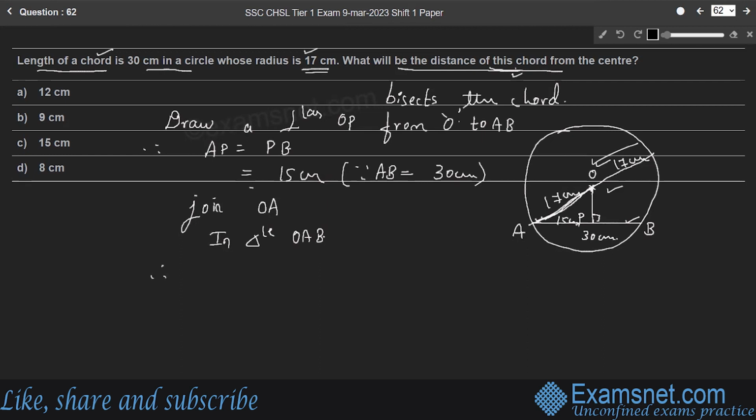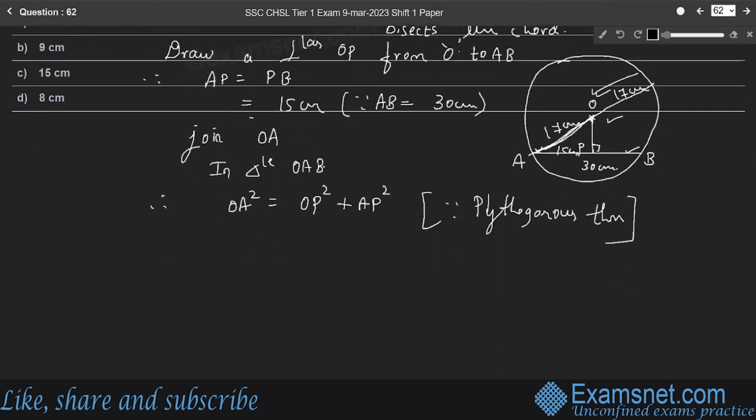Therefore, by Pythagoras theorem, OA square is equal to OP square plus AP square. OA is 17, so 17 square is equal to OP square plus AP square, which is 15 square.